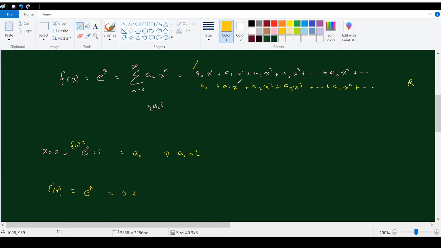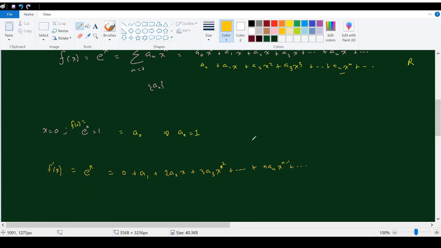And then the x term will vanish, leaving a1, and the next term will be 2a2 x, and the other one will be 3a3 x squared, and likewise it will continue, and this term will be n times an x to the n minus 1, and it will continue. Now here I'm sorry, it should be 3, not 2, because when you differentiate this one, it will be 3 times x to the power 2.